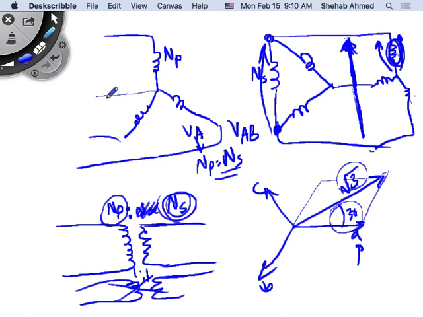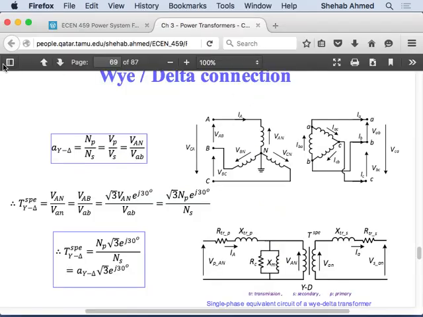It is leading the phase voltage by 30 degrees, and it's square root of 3 greater.